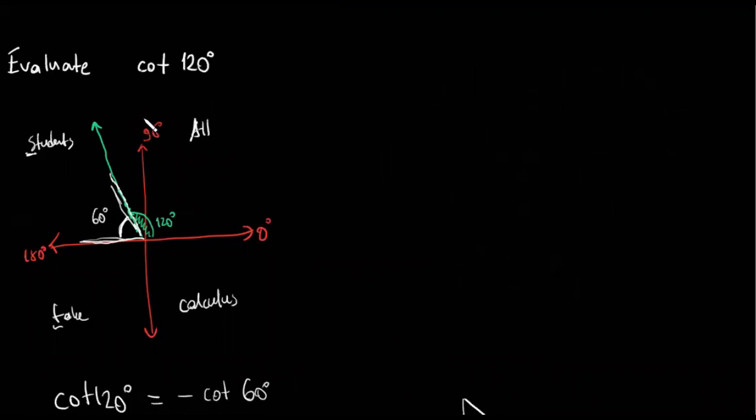If you just want to know what cotangent is, it is cosine over sine, because tangent is sine over cosine, if you remember. Cosine over sine. So what is cosine in the second quadrant? 120 is in the second quadrant.